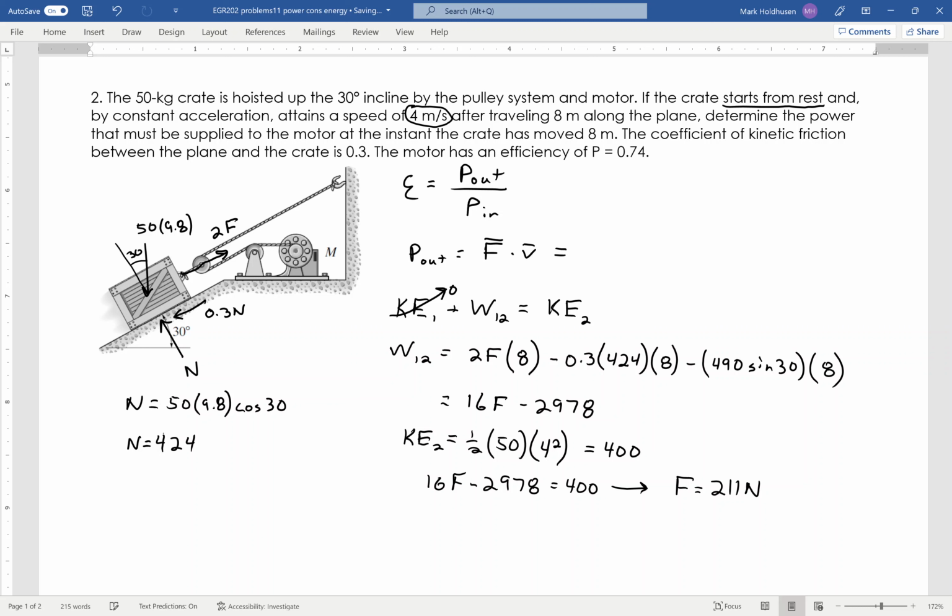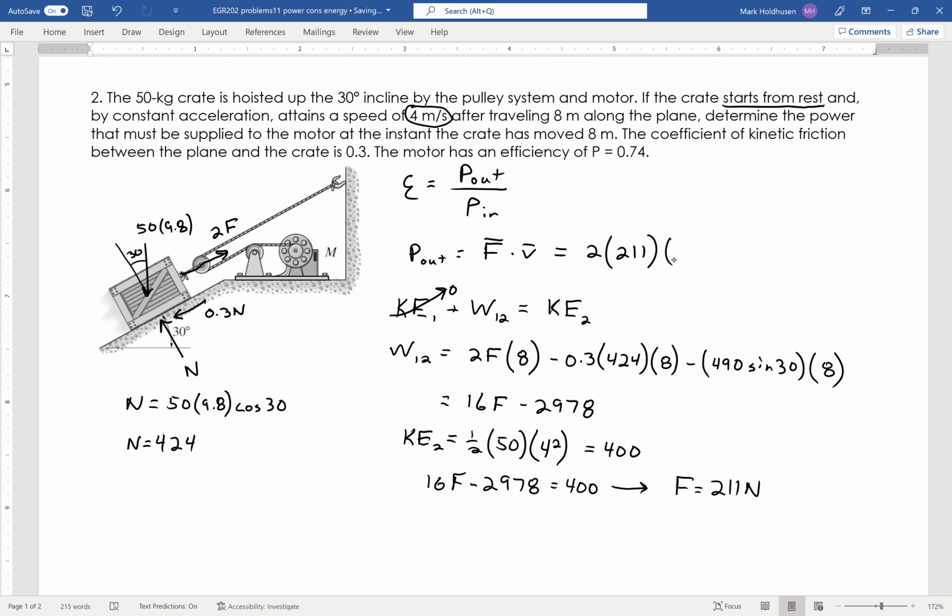Now, knowing that, I can come back up here and determine what the power output is. Again, I've got two of these forces on there. My output is that box moving, and the force on that box is two of these forces that I just found. So it's 2 times 211, and its velocity again is 4 meters per second, as given in the problem statement.